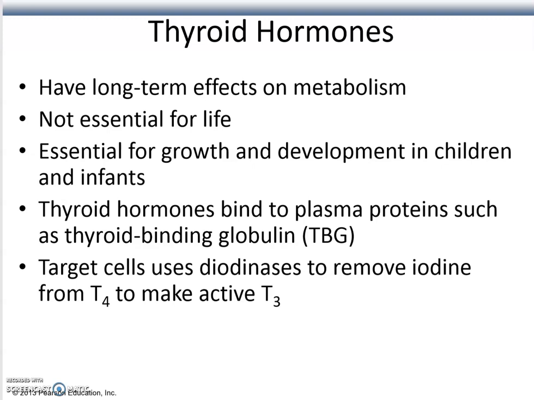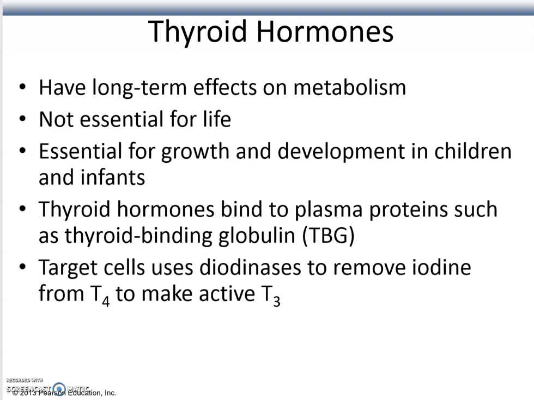It's the sum total of all the reactions. And it is true that thyroid hormone actually affects pretty much all your cells. There are many thyroid response elements in your DNA and the genes in your nucleus, and it drives basically all your metabolic functions.